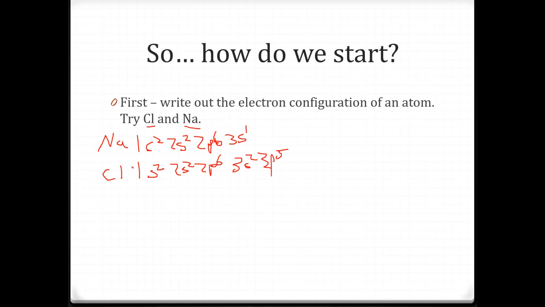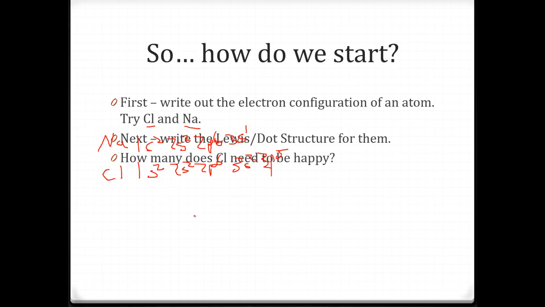I know it's scribbly, but we've got sodium 1s2, 2s2, 2p6, 3s1, and chlorine 1s2, 2s2, 2p6, 3s2, 3p5. Simple enough. Now it says to do the Lewis dot structure for them. How many electrons does chlorine need to be happy? And how many electrons will our sodium need to be happy? Let's erase all this so we can see what we're doing.